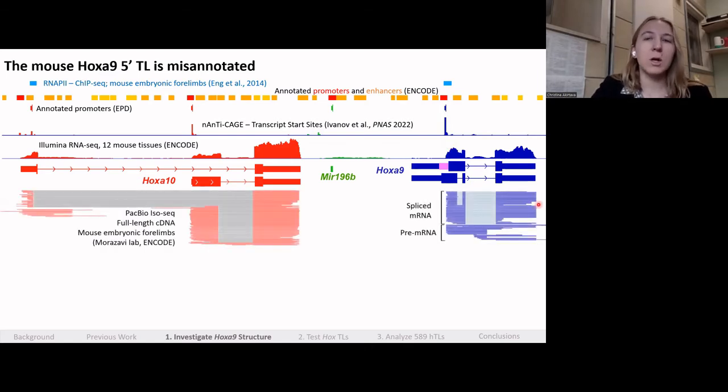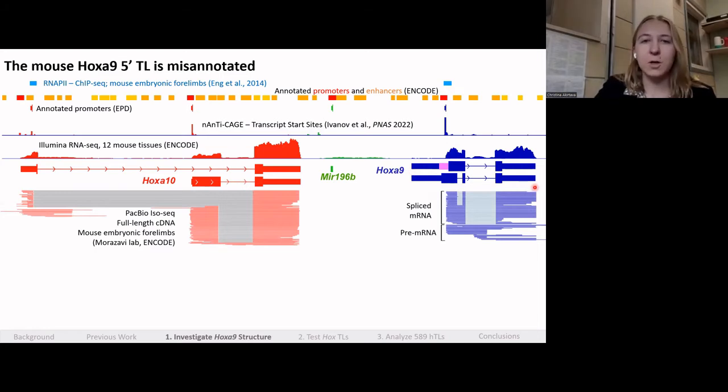Looking at full cDNA reads, we see that the transcript leader mapped is much shorter than the one annotated here and used by the Barna lab for their original HOXA9 IRES identification.